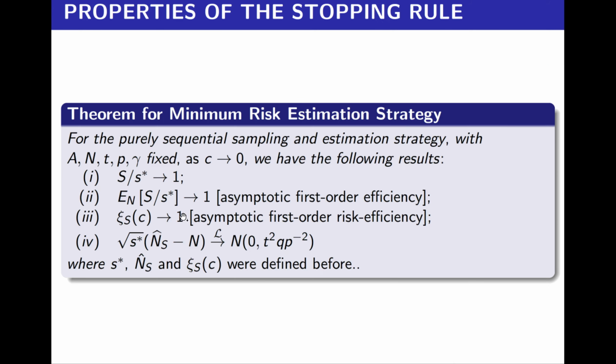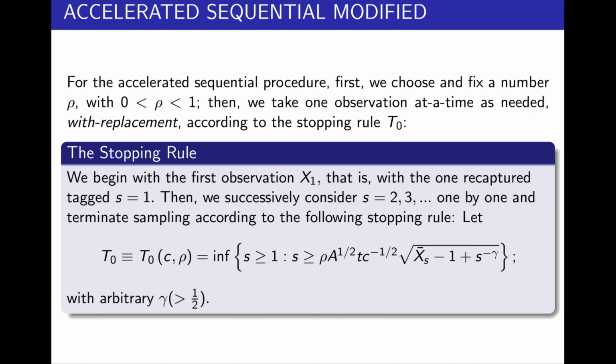Now it can be shown that there are some optimal properties of this sequential procedure, and two of them are very important. One is asymptotic first order property and the other is asymptotic risk efficiency. Both these properties can be proved. We are just skipping the details here.